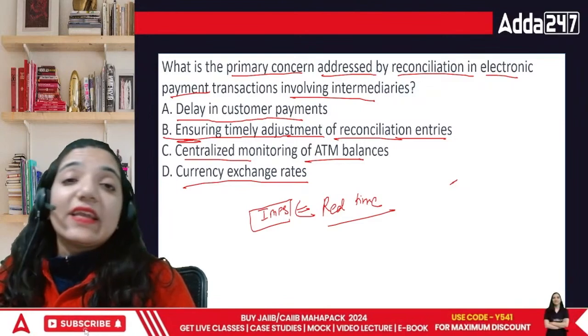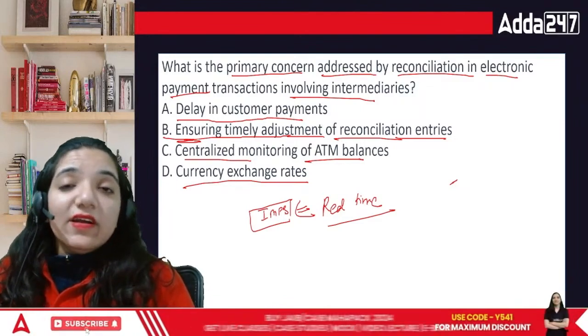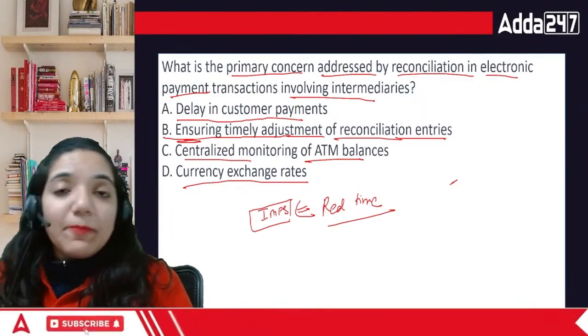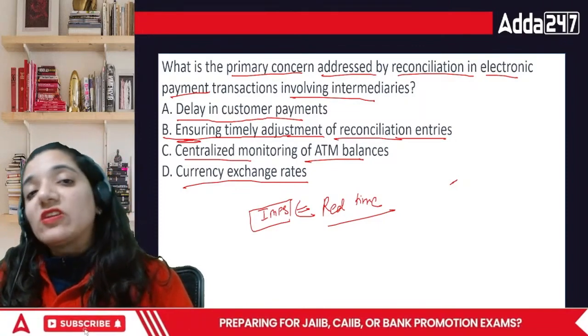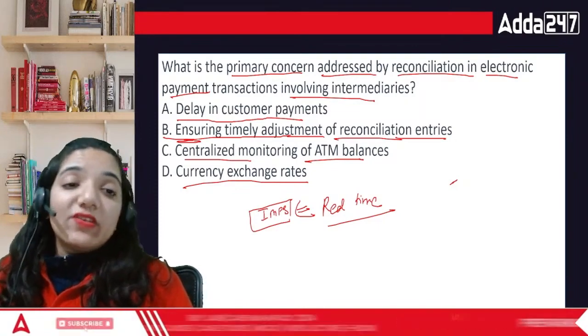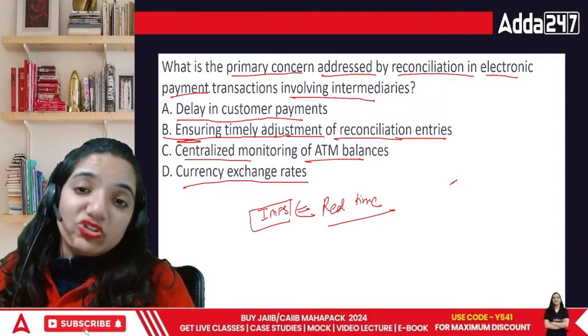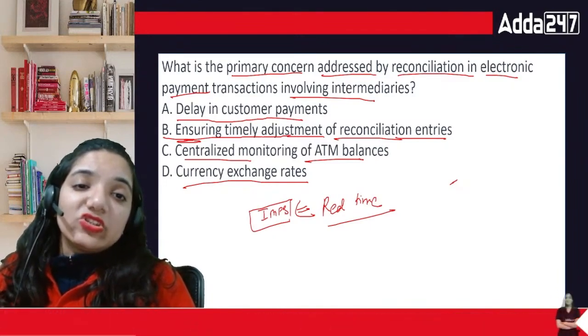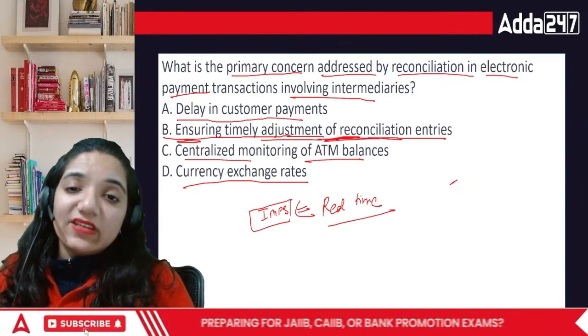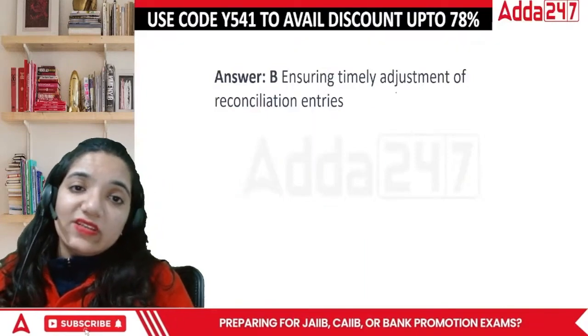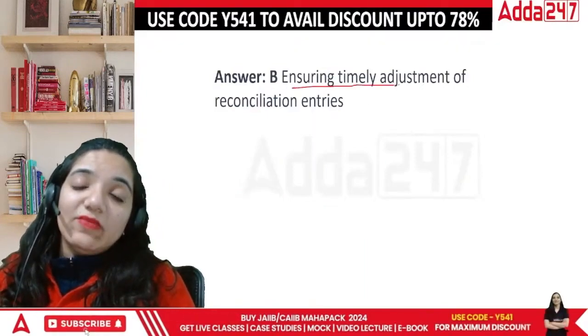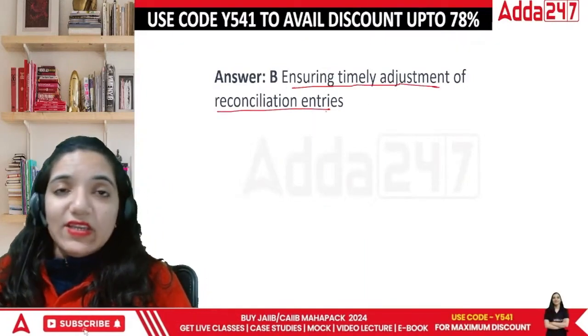The back end will always make sure that there is no gap between transactions and what is being shown. It has to be shown in real time and accurately. So that is ensuring timely adjustments of reconciliation entries.